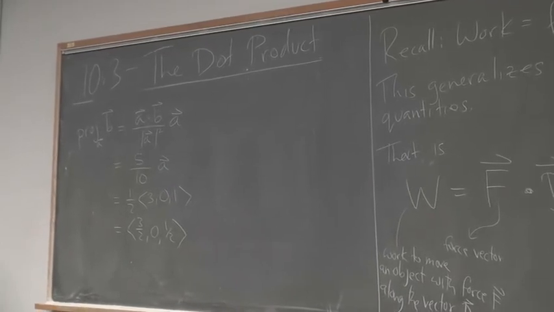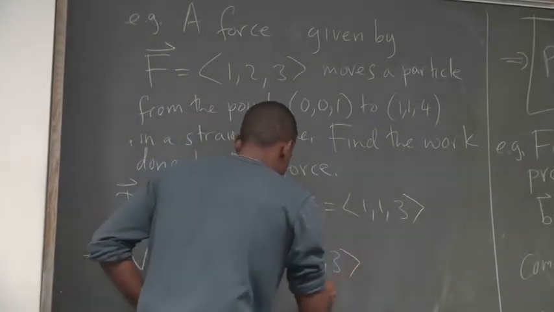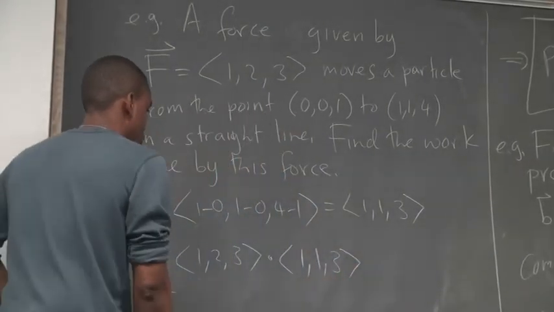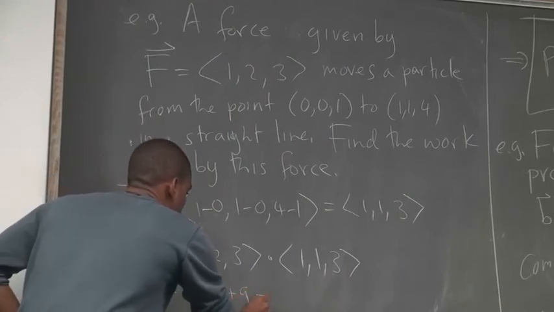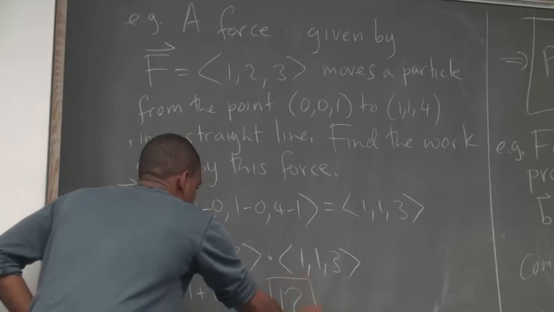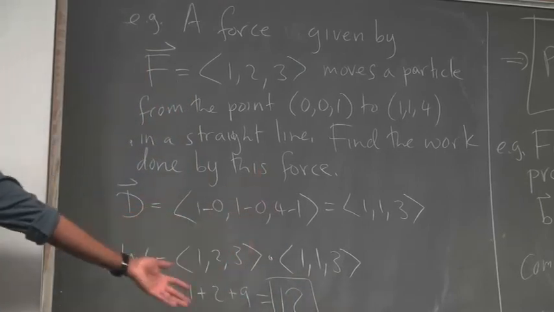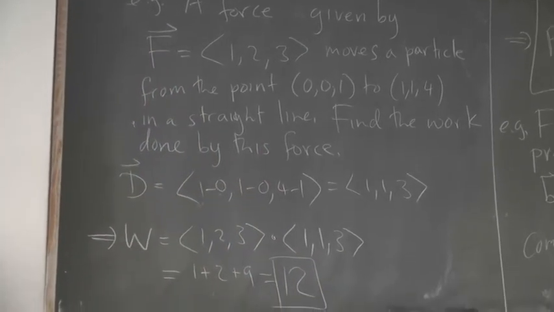Then you take the dot product. That would just be 1 plus 2 plus 9, 12. The work done would be 12. But of course, if you're given units, you'll know what units to use.